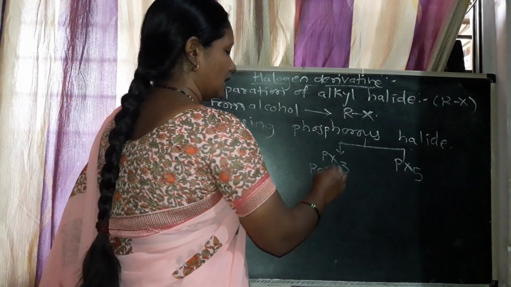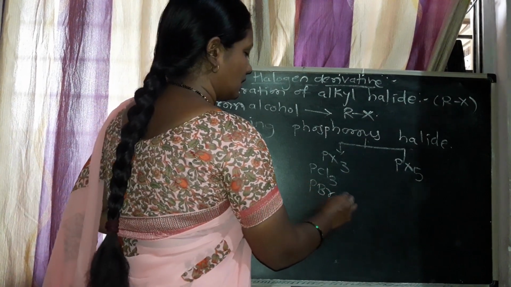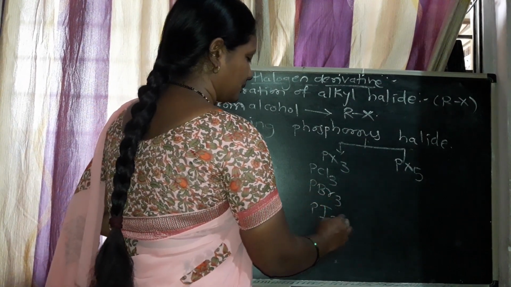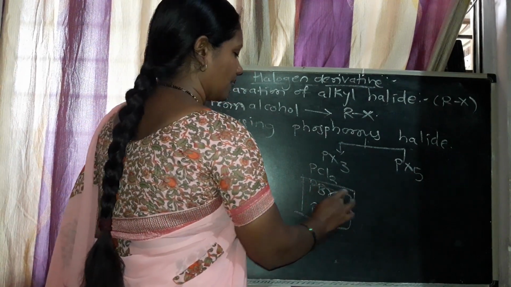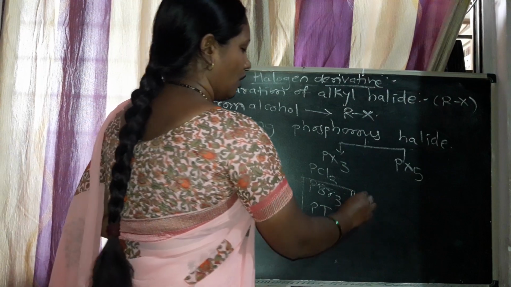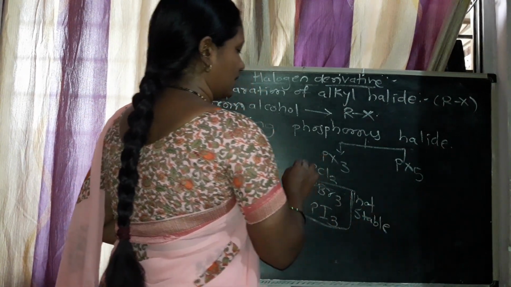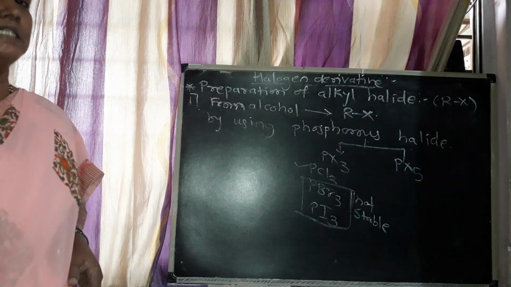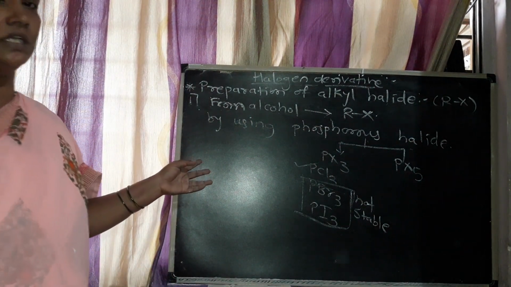PX3 means there are 3 examples, PCl3, PBr3 and PI3. Out of this, these two are not stable. Only PCl3 is stable. Then we study only the reaction with PCl3.